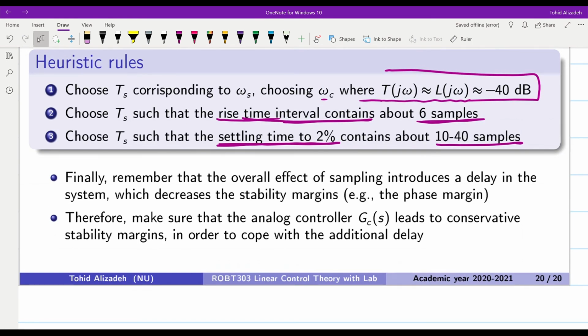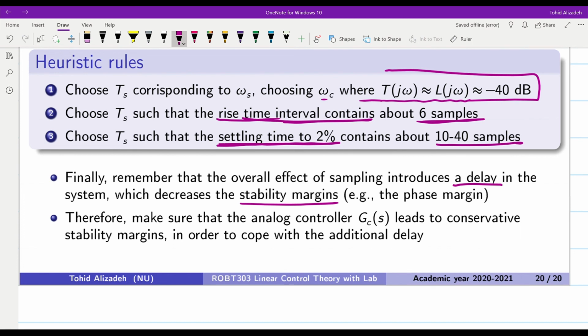Finally, we should also remember that the overall effect of sampling introduces a delay in the system, which will decrease the stability margins as well, the phase margin. We have seen the effect of the transport delay already. And since doing this sampling will introduce some delay, it means that some negative phase will be injected into the system, and therefore the phase margin will be decreased.